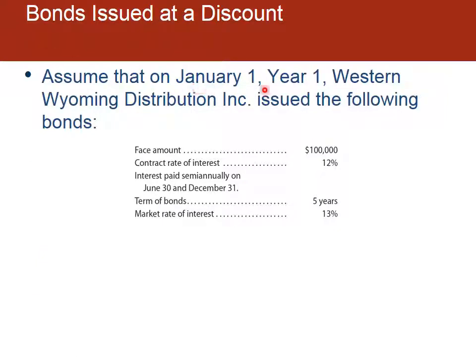Here's our assumption. Western Wyoming Distribution issues a bond at $100,000 face with an interest rate of 12%. But of course, with a market rate going on now of 13%, Western is aware that they're not going to be able to sell their bond at face. Because their interest rate is too low, they're going to have to issue at a discount.